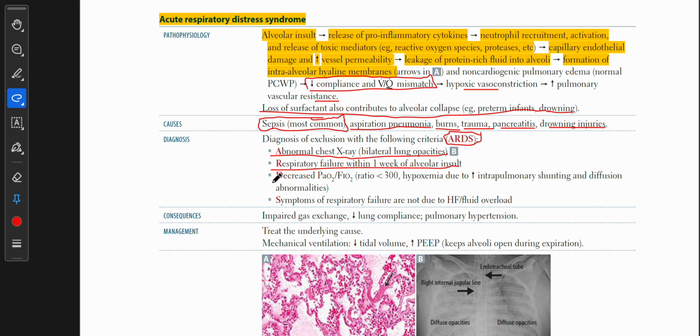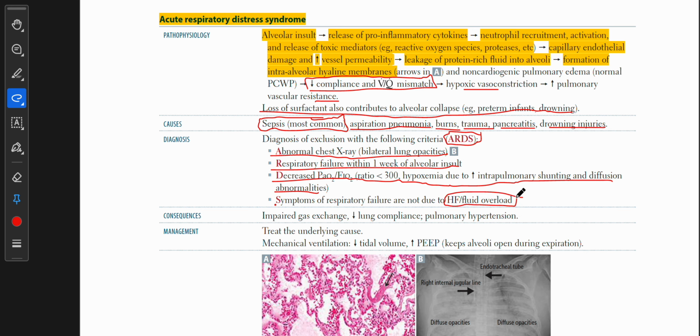D is for decreased partial pressure of oxygen over fraction of inspired oxygen, a ratio less than 300. The ratio should be more than 300 to be normal, but if it is less than 300, it is hypoxemia, due to increased intrapulmonary shunting and diffusion impairment. And S is for symptoms of respiratory failure which are not due to heart failure or fluid overload.